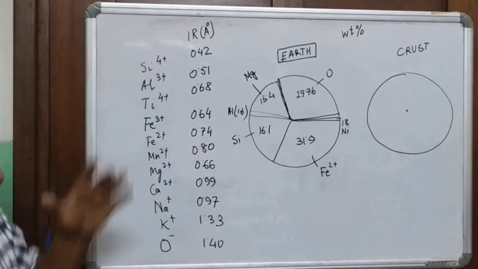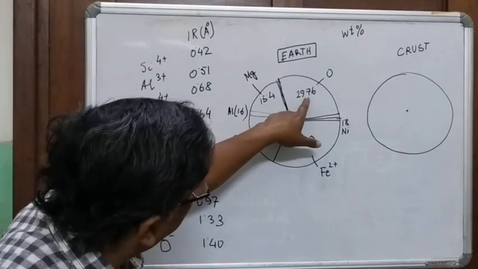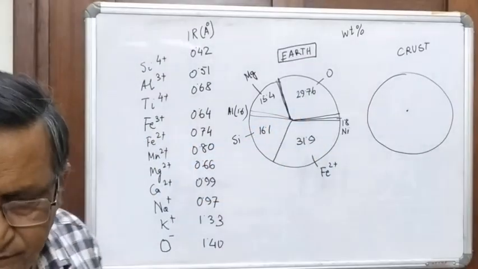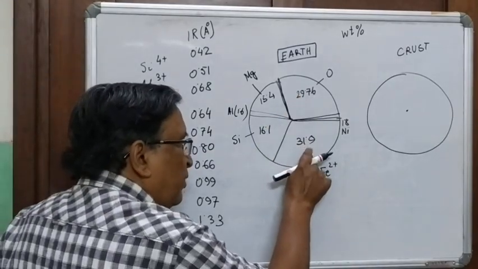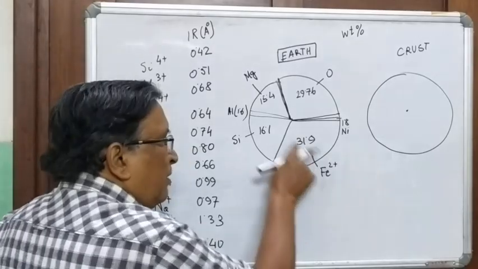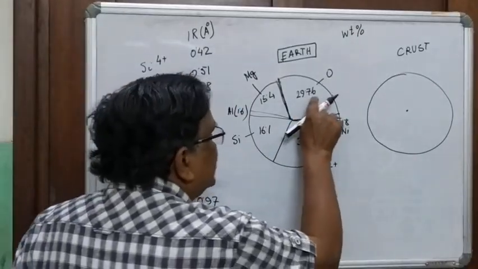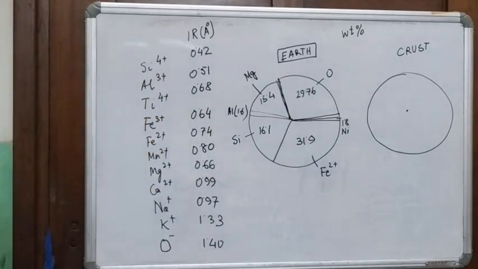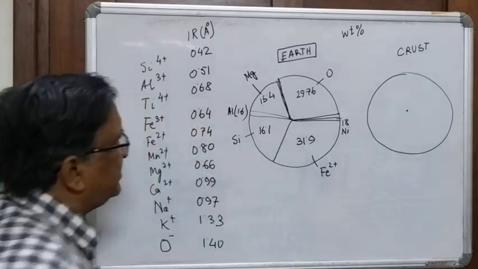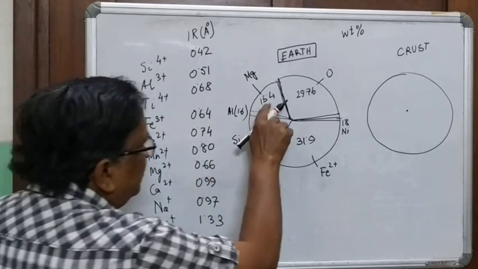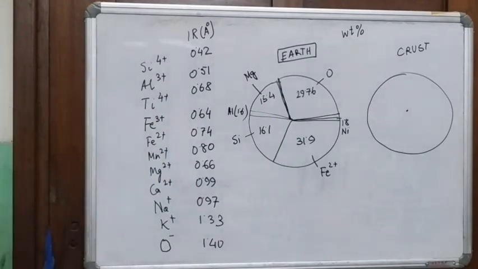So the dominant element here in weight percent is 29.76 weight percent of oxygen if you take the whole Earth. It is less than 31.9. Iron is the most dominant element if you take the Earth. Then you have oxygen, 29.76 weight percent. Then you have silicon, which is 16.1%, and magnesium, which is 15.4%. These are all weight percentages.